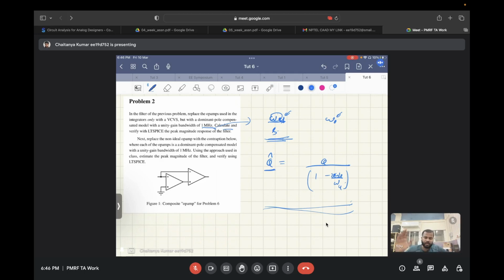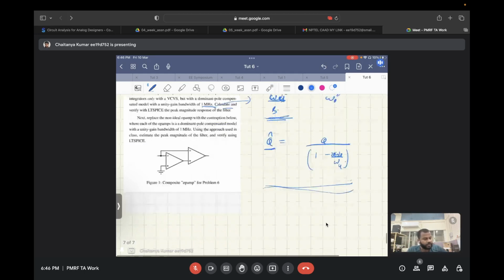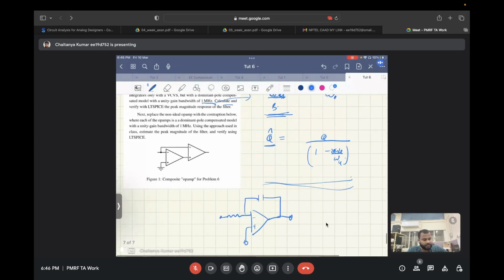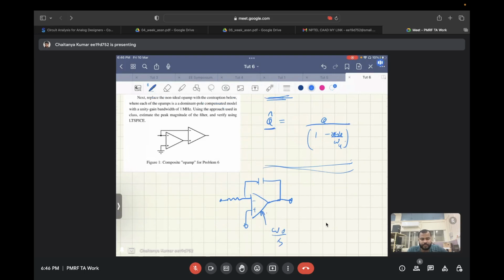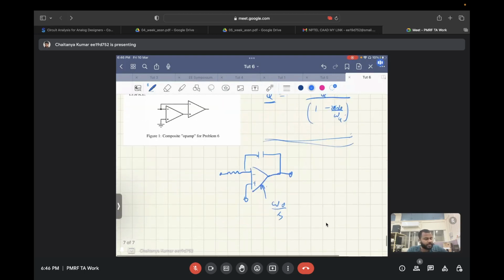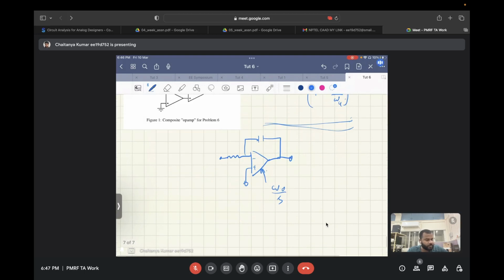Now the same analysis, like how did we do the complete analysis? We did the analysis for the simple integrator first, correct? We replaced the ideal op amp with the omega naught by S model, correct? Then we did the transfer function analysis and got the integrator's response, 1 upon SRC into some additional function, correct?